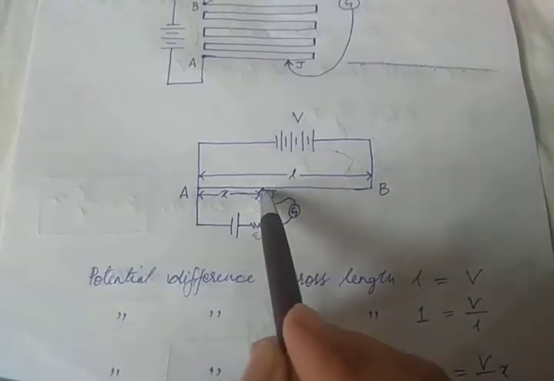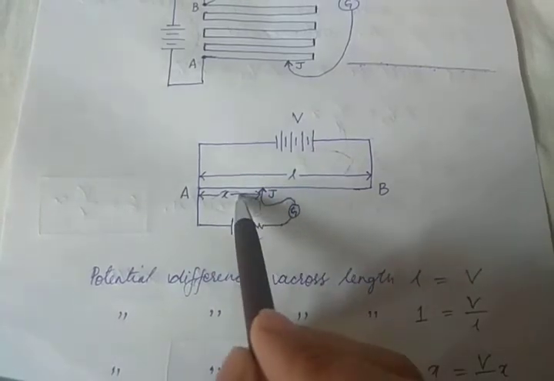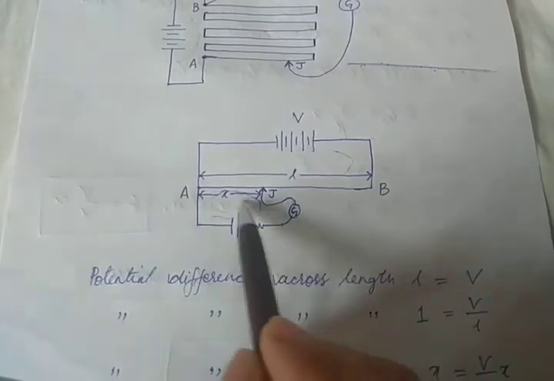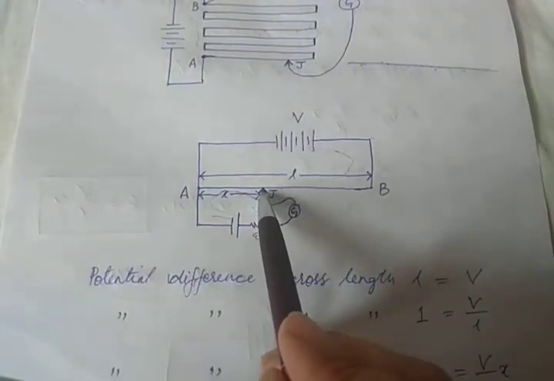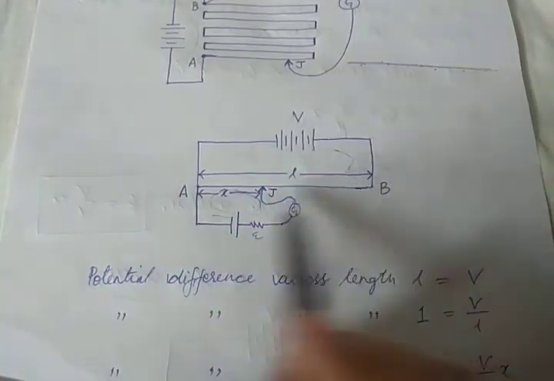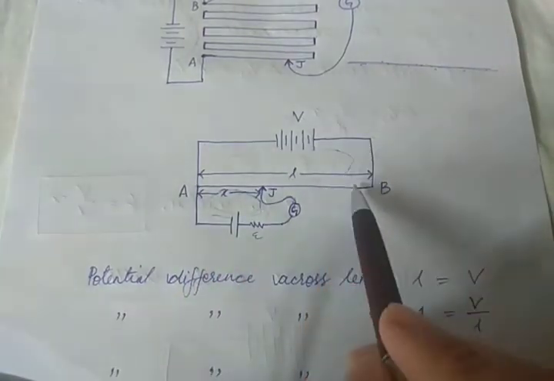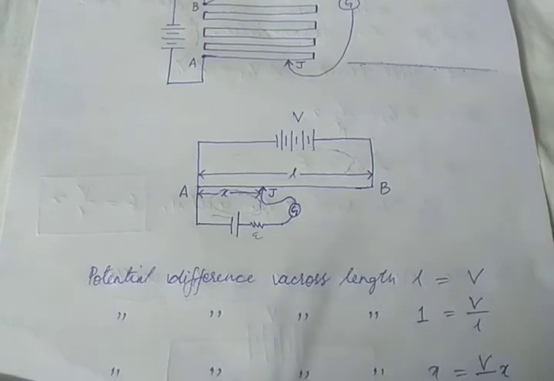If the jockey doesn't make the connection, then no current will flow in the lower circuit. But even if the jockey is not connected to the wire, the upper circuit is always closed, so all the while current will be flowing in the upper circuit. Do remember that.